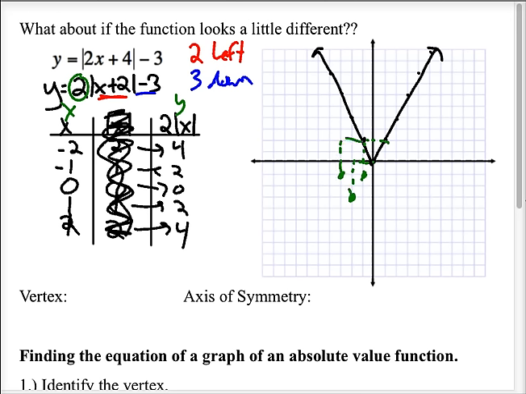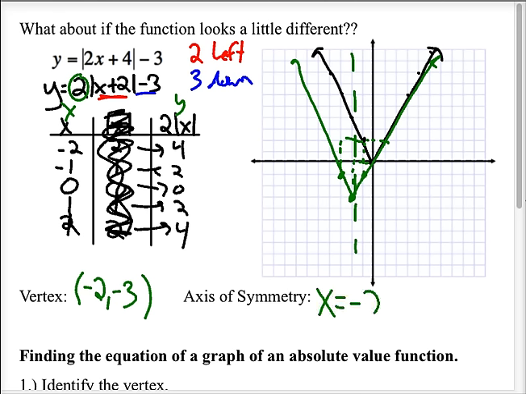And then you can just plot your new graph, that green graph. The vertex again follows the shifting, so 2 to the left, 3 down. Axis of symmetry always goes through the x value.